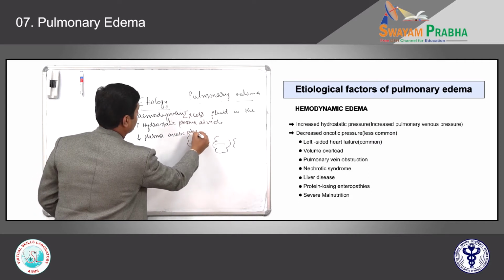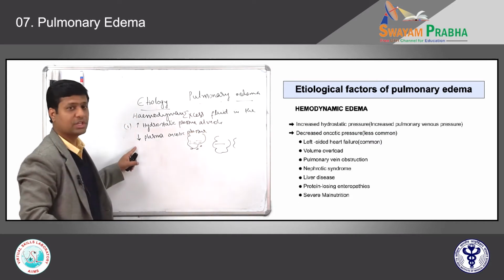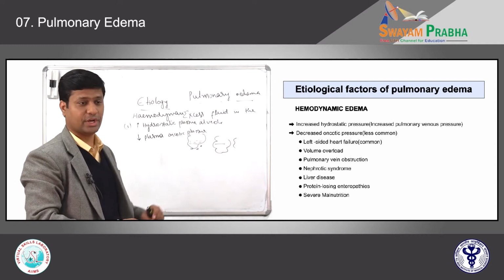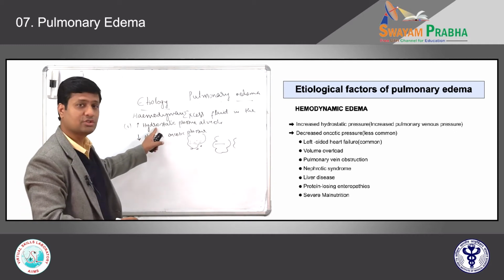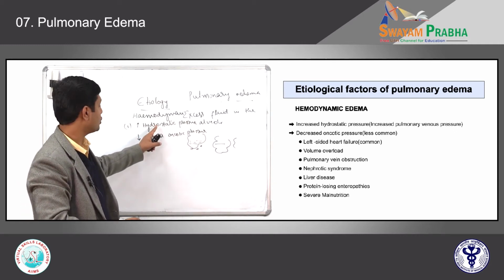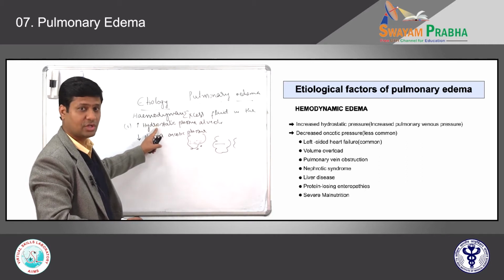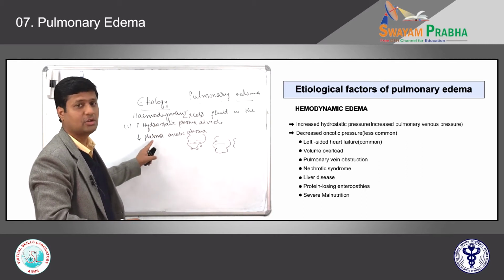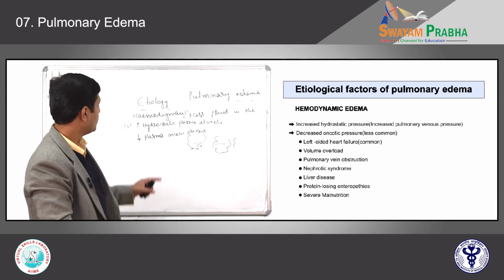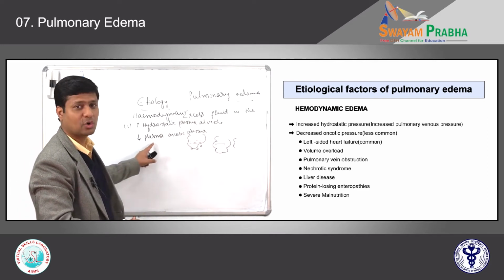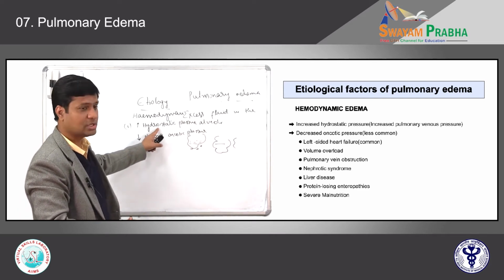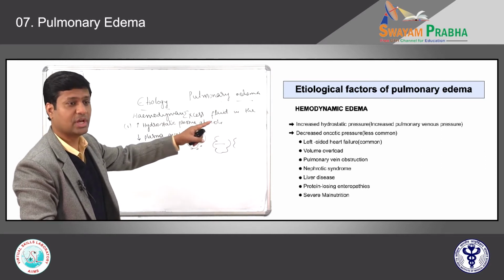Both these conditions lead to accumulation of fluid. You should know at least 3 to 4 important conditions which cause increased hydrostatic pressure, and again another 3 to 4 conditions which cause decreased plasma oncotic pressure. So what are those conditions? They have been mentioned there.